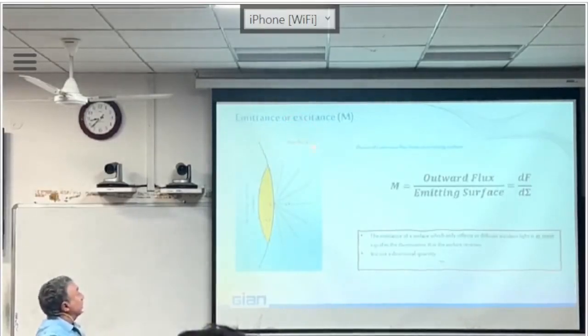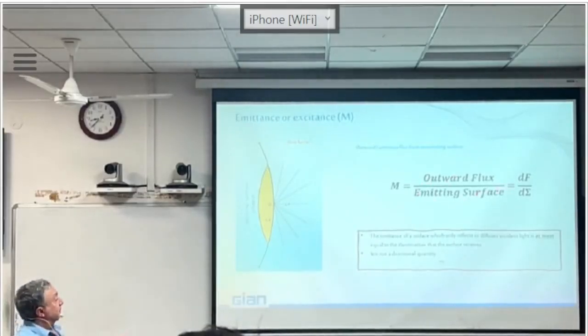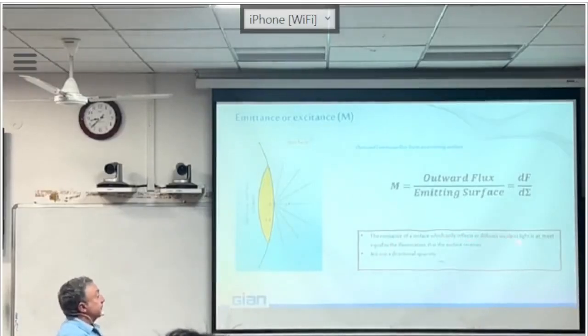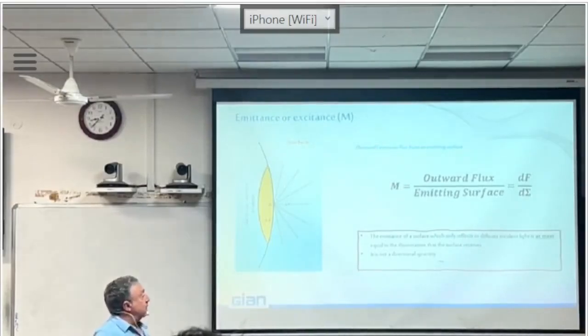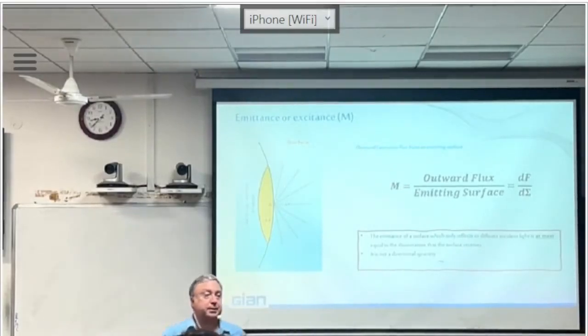The excitance or emittance is the outward flux per unit of emitting surface. And this emittance M is at most equal to the illuminance the surface received.